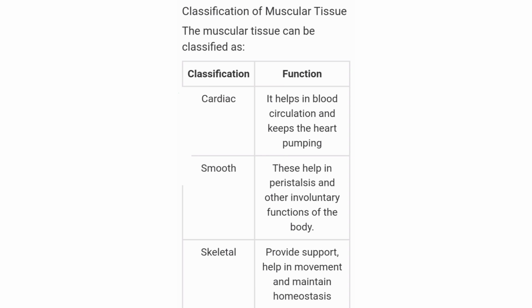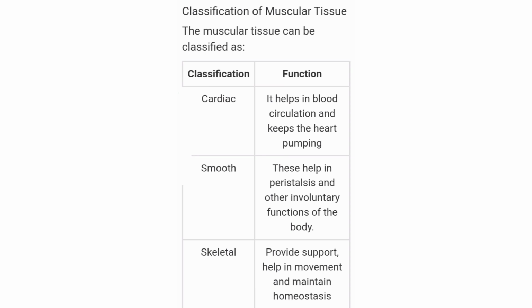Classification of muscular tissue. The muscular tissue can be classified as follows, with classification and function. First one, skeletal or striated muscle: provides support, helps in movement and maintains homeostasis.